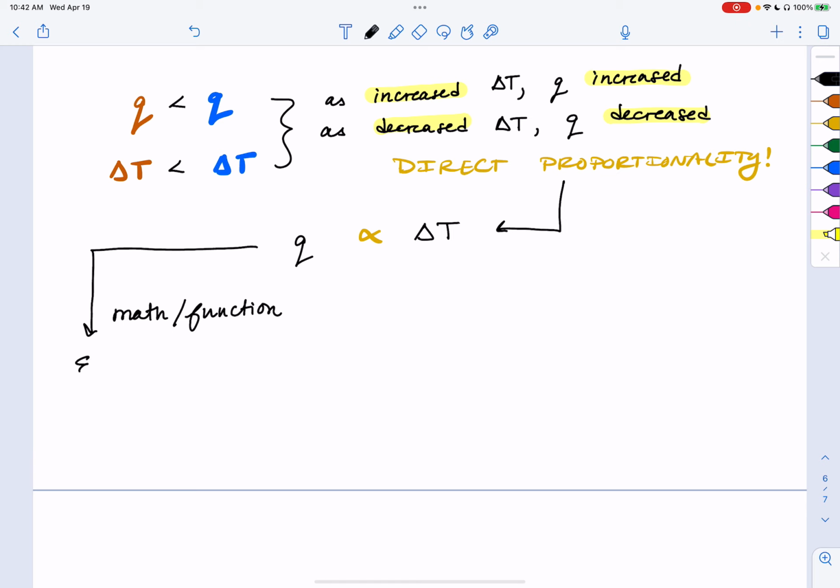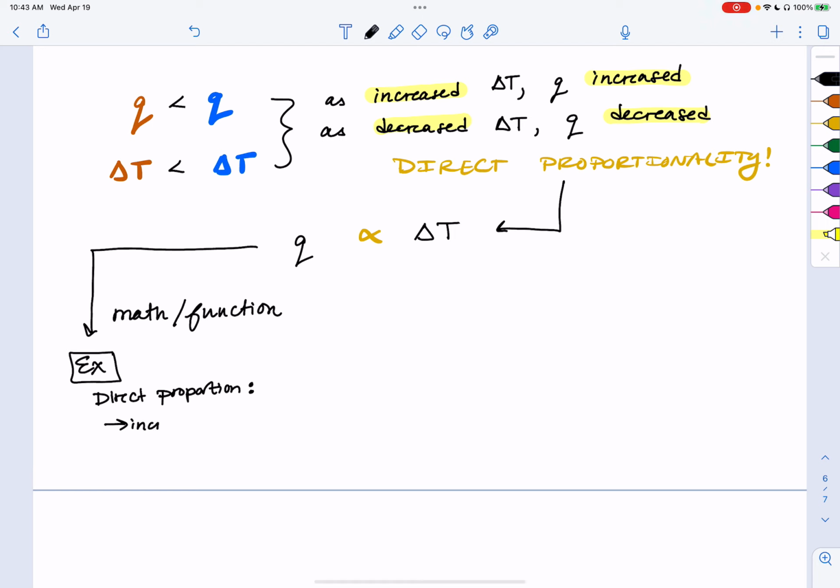So let's think back to things that we've seen that are directly and inversely proportional. So a direct proportion, let's see here. Why am I not able to think of something that we've seen that is a direct proportion? Okay, how about this one?